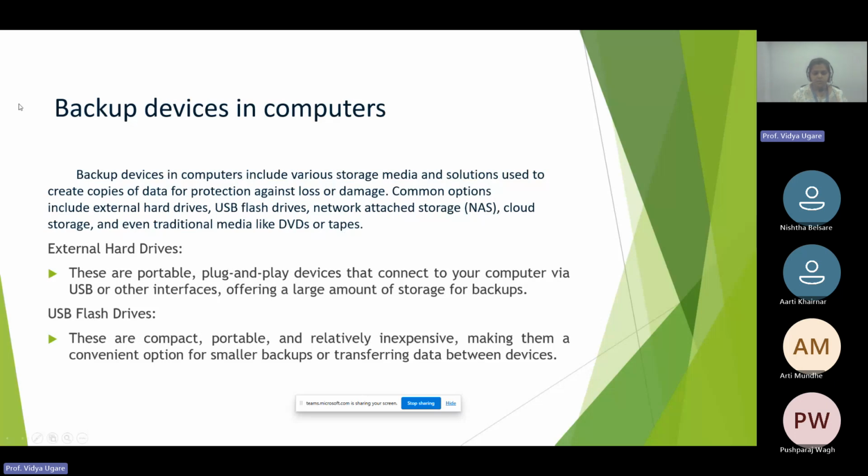Okay. Now, external backup devices are devices which work as portable, plug and play. Means easily you connect, you store, and you remove it. You don't need to turn off your computer or restart your computer. For example, a pen drive. Now I want to save one file as a backup copy.